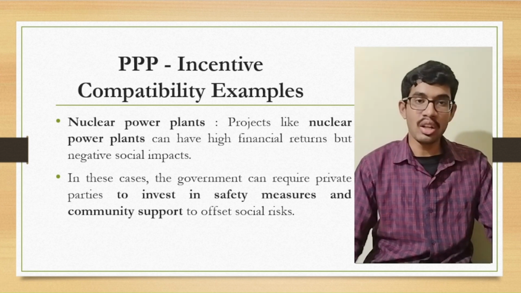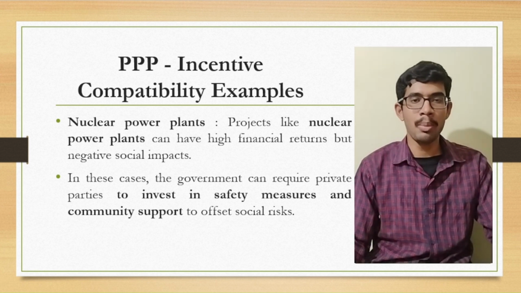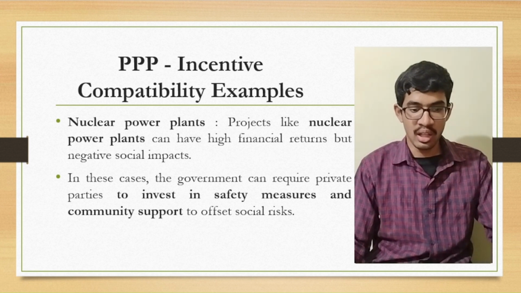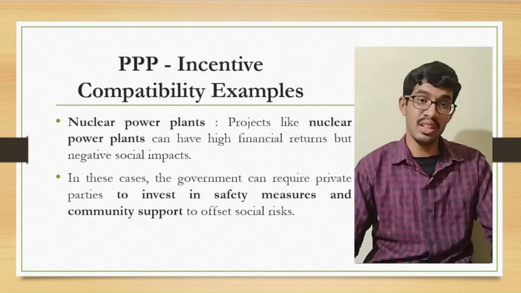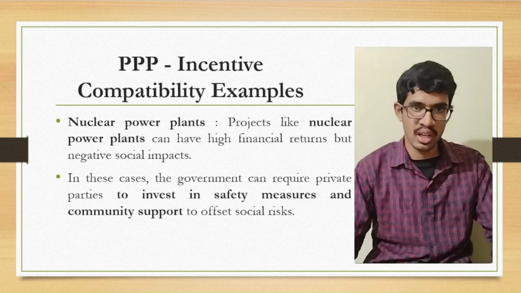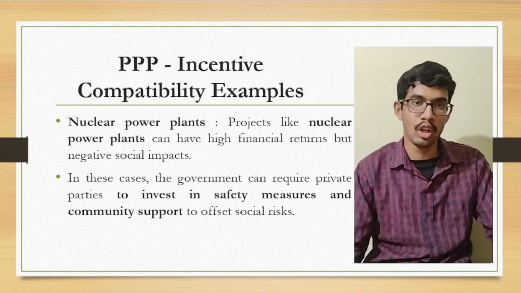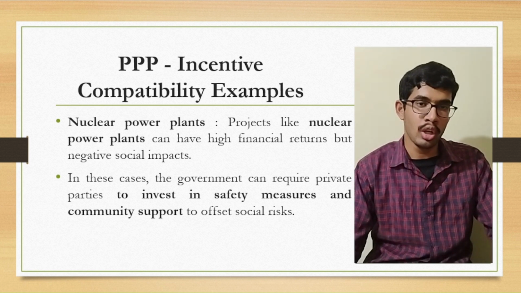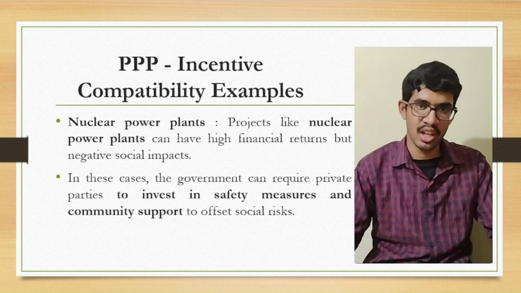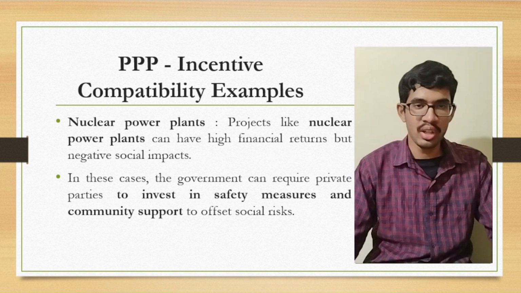So what can the government do in these cases, if it wants to set up a new nuclear power plant in a particular area? Since the private entity which invested in the project can make high financial returns, the government can ask them to incentivize safety measures and community support.